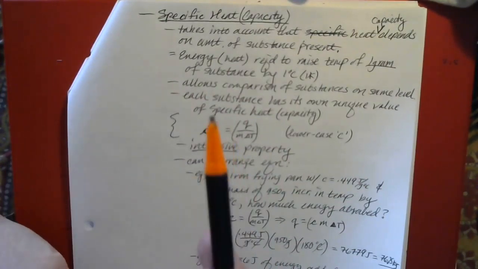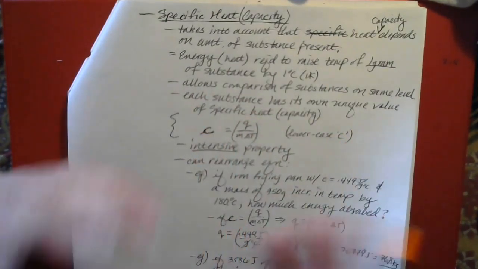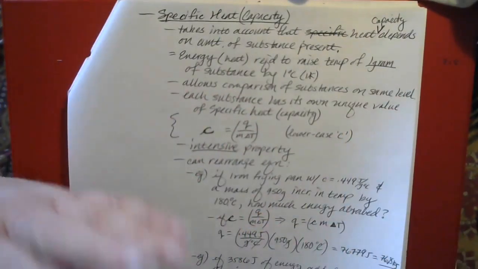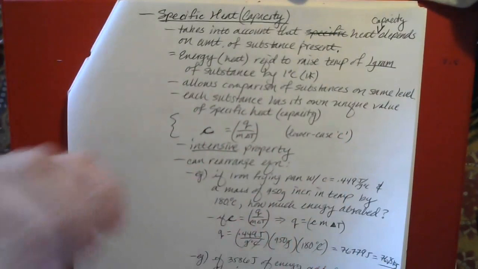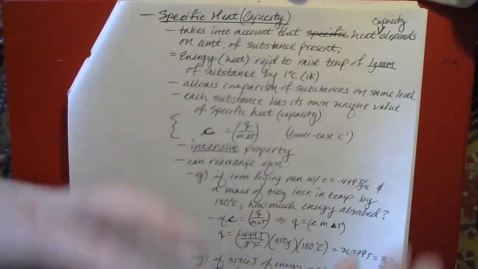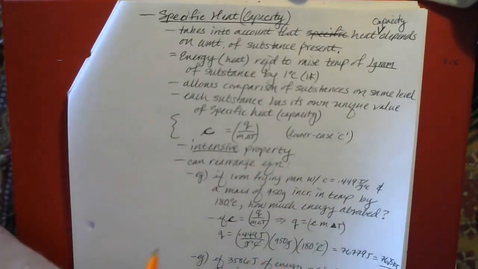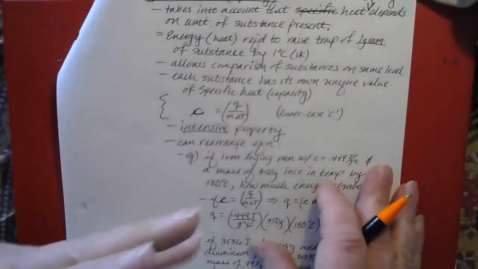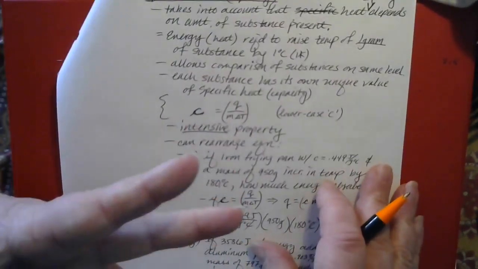And the advantage to this is that it allows you to compare substances on the same level, because in each case you're comparing 1 gram of each substance to any other substance if you're looking at a table that has values for specific heats in it. And also it allows you to do calculations that involve various amounts of the given substances.